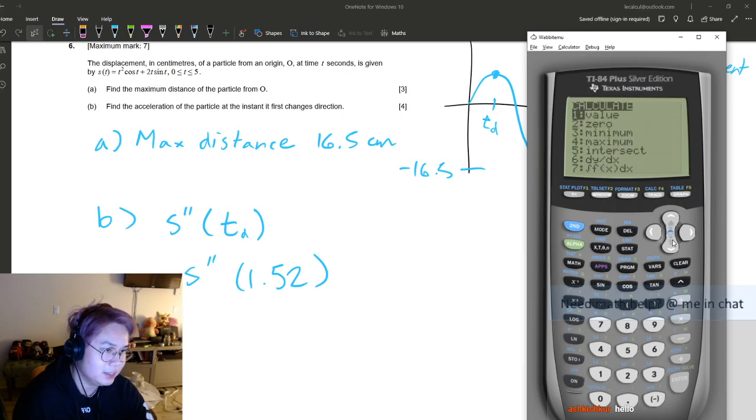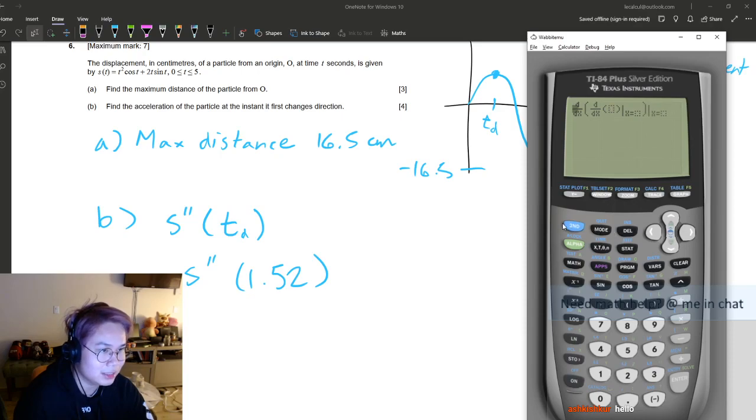So you see right here, we have dy dx. And then this won't let me do it. So outside of the graphing functions, you also have math functions. And in here, we also have a derivative function. I have a feeling this is not gonna let us do it. Let me see if I can put in a second derivative in this function. Yeah, this probably won't work.